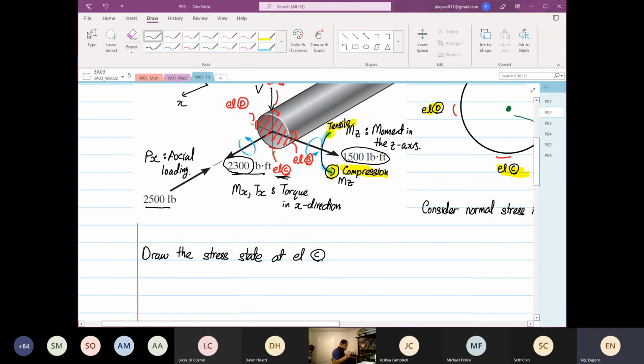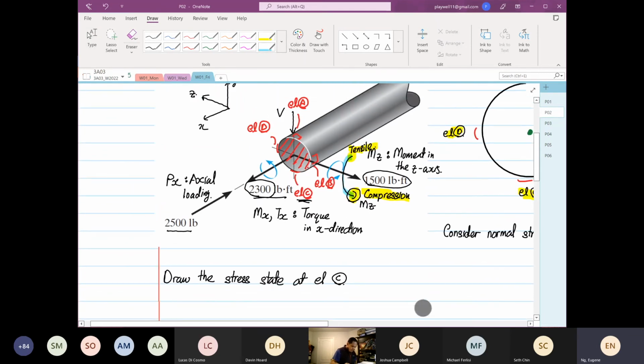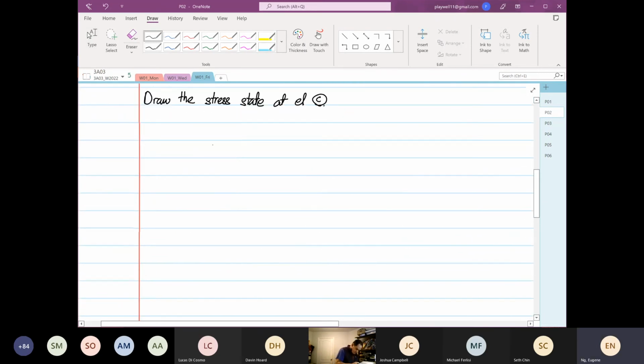We start to construct, so we follow our transformation. So this is our Y, X, and this direction is our Z. Now we are going to draw our element. Element C looks like this. It's at the bottom of the shaft, as you can see.